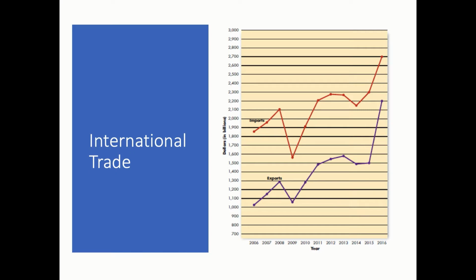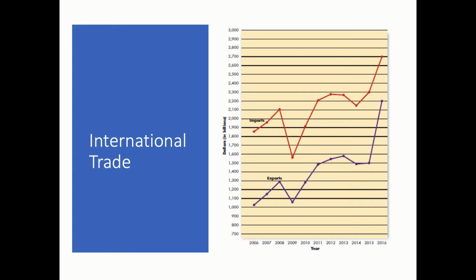And you can see there, it's plotting in the red the level of United States imports, in other words, products and services that we bring in from overseas and can buy and consume here in the United States, versus our level of exports, products and services which are made here in the United States and then we export out to other countries.